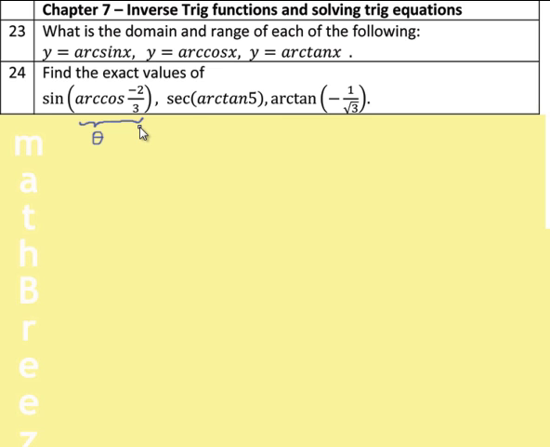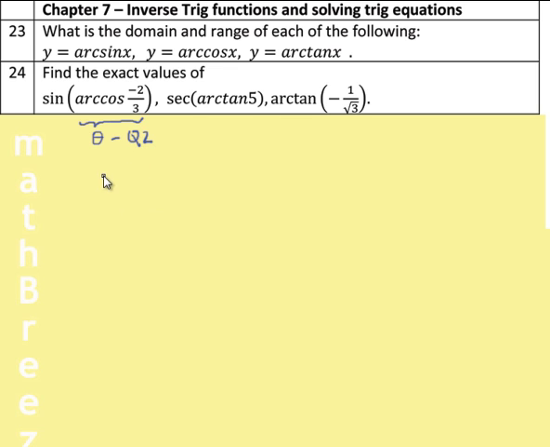And we know that arc cosine has a range between 0 and pi. So since the cosine value is negative, it must be in quadrant 2. Between 0 and pi, that's quadrant 1, quadrant 2. So in our case, theta must be in quadrant 2 because the cosine value is negative.